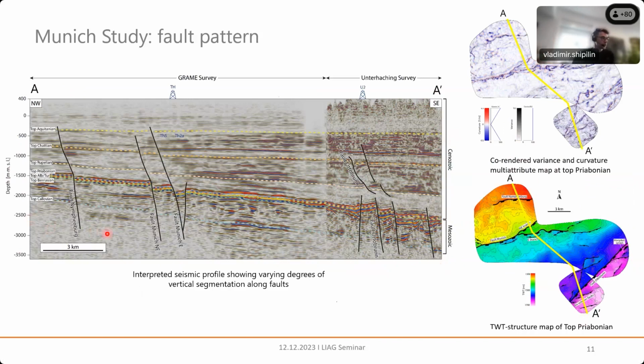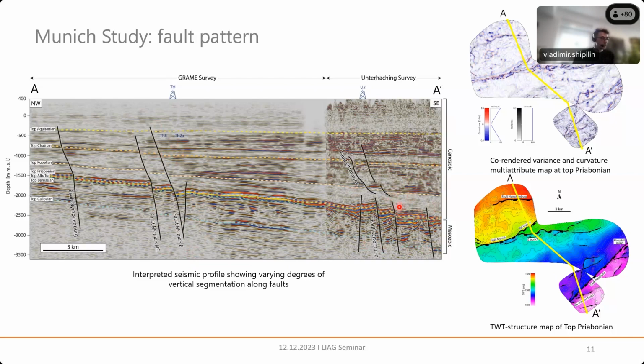And if we now lay a cross section across the two surveys, we see the following fault configuration in vertical sections. We see here on the left-hand side fault Nymphenburg. We see both branches of fault Munich represented as through-going faults, so they displace both Mesozoic and Tertiary stratigraphy. They show no vertical segmentation, whereas here on the right-hand side we see a quite similar fault configuration to the one that we saw at Garching Street.